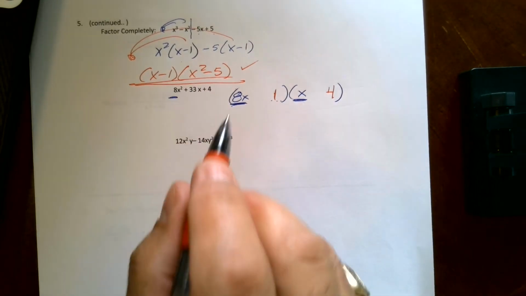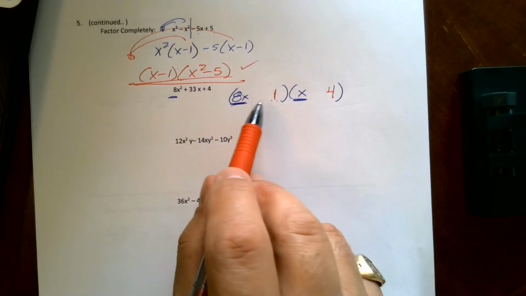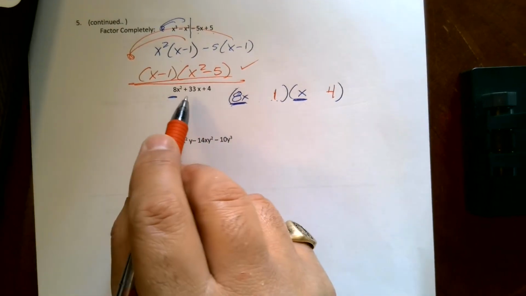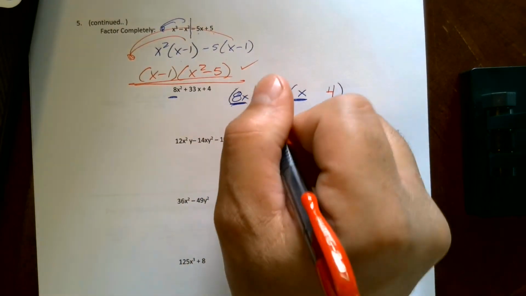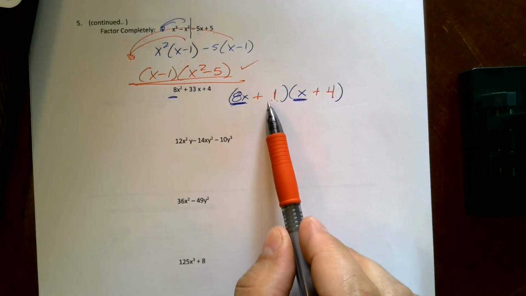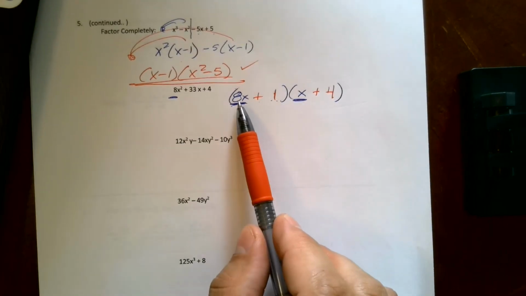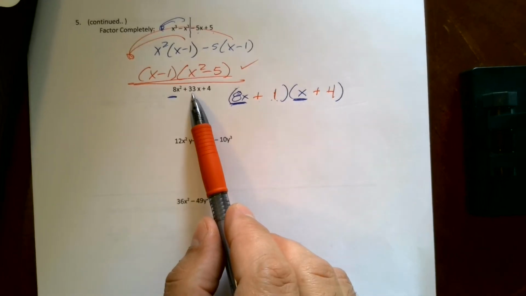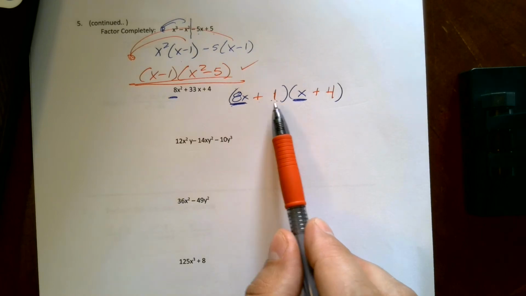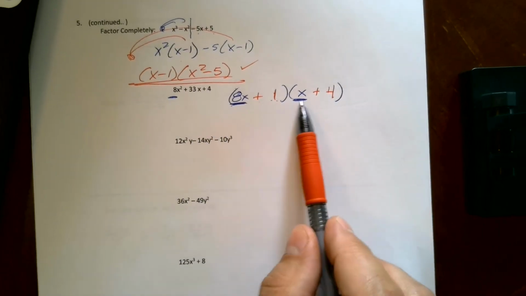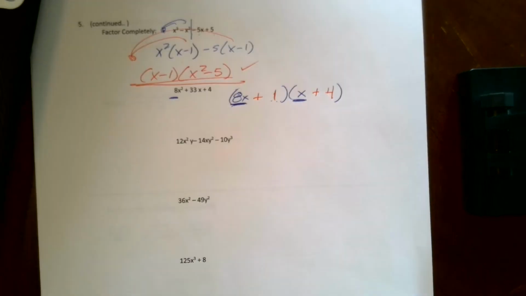Anytime my C term is positive, it means my signs will be the same, and they'll be whatever my B term is. In this case, my B term is a plus, so they'll both be pluses. And it has to check, right? A positive 1x and a positive 32x gives me my positive 33x. Positive 1 times positive 4 gives me 4. And 8x times x gives me 8x squared. So this works.